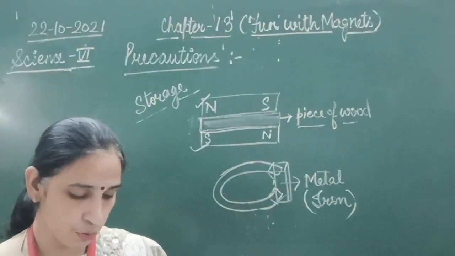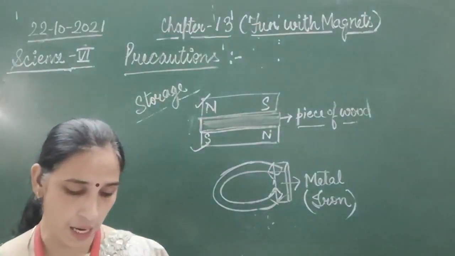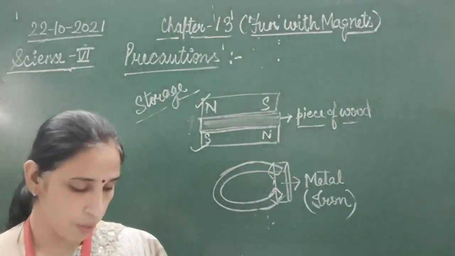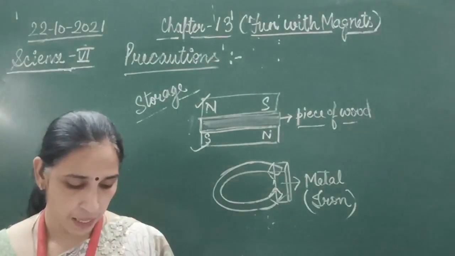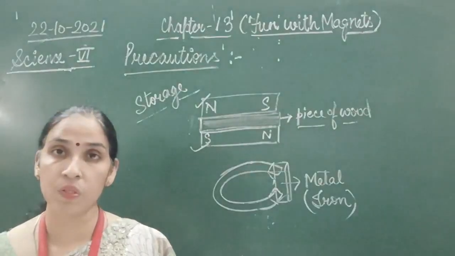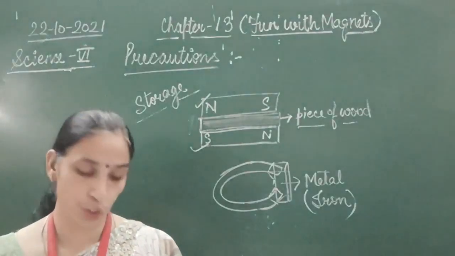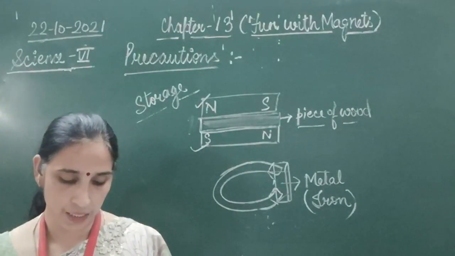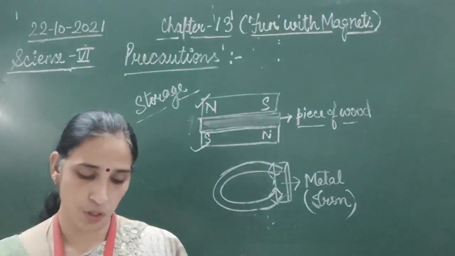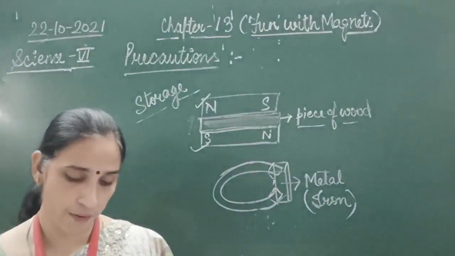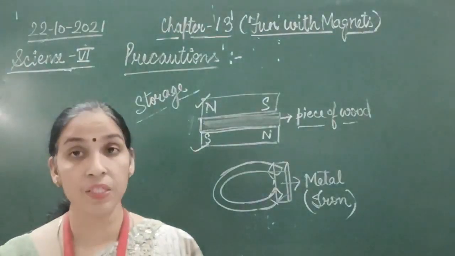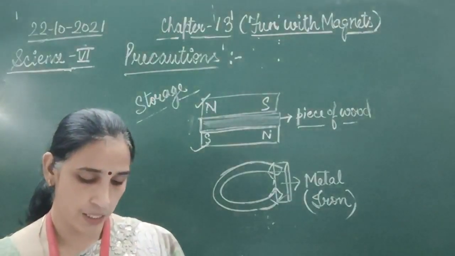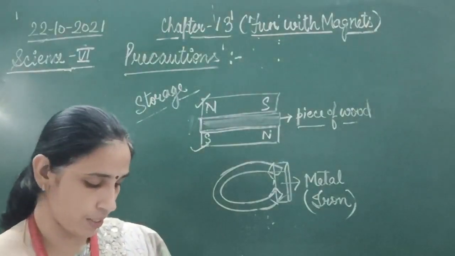Then magnets are used to separate discarded iron and steel objects from the other waste, that is non-magnetic material. Then magnets are used for making compasses, which is used to find directions. Then magnets are used in telephones, hair dryers, doorbells, mixer, grinder, fan, washing machine, television sets, tape recorder, electric motor, electric generator, and various types of toys.